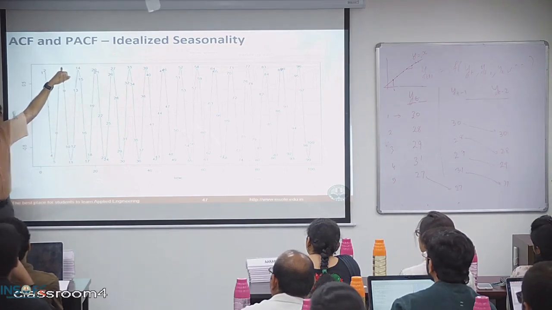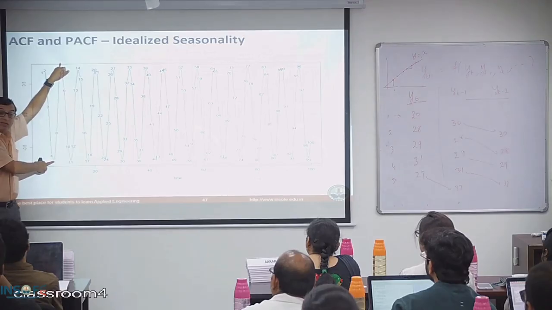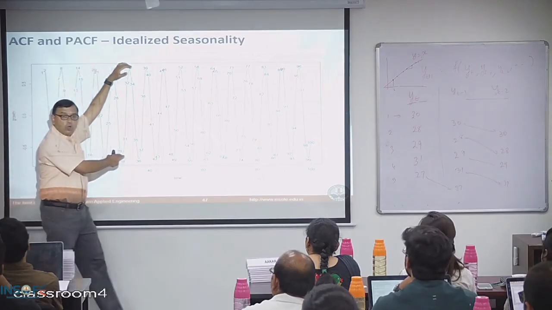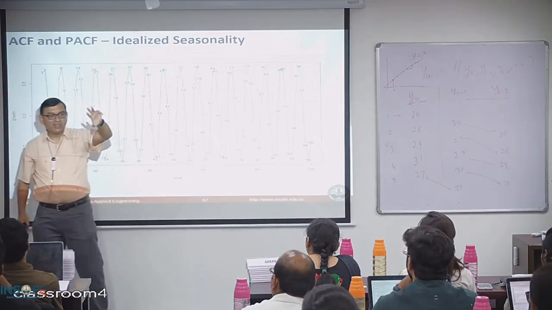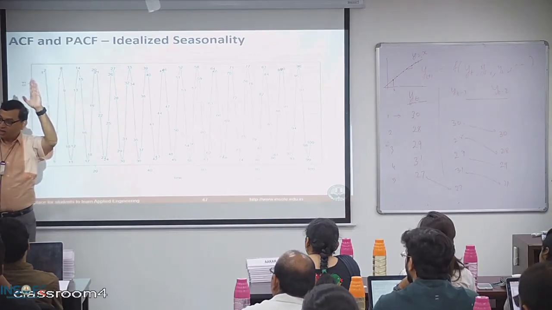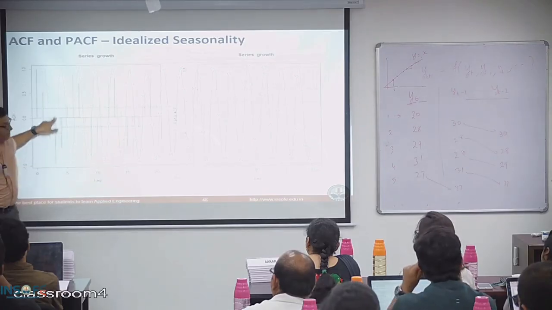So this point being positive suggests a large positive number, suggests a large negative number 3 lags below. That's what it's saying all through. At lag 3, when the current month is a large positive number, it indicates 3 lags before is a large negative number.